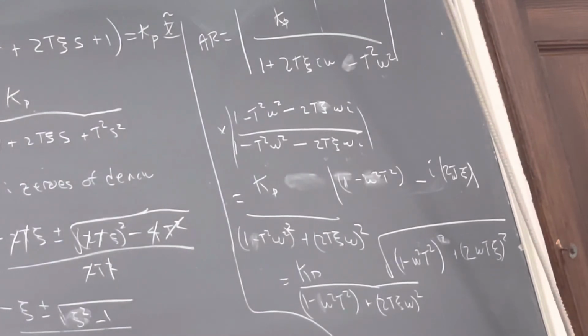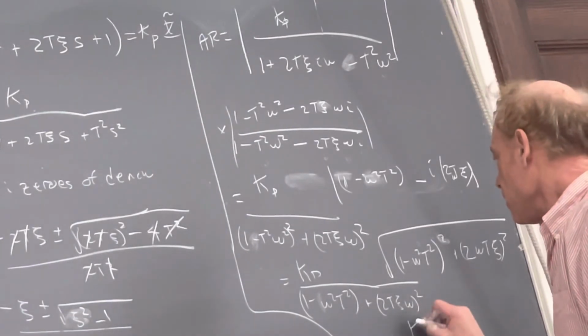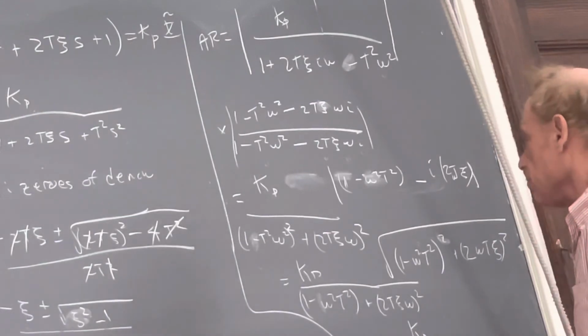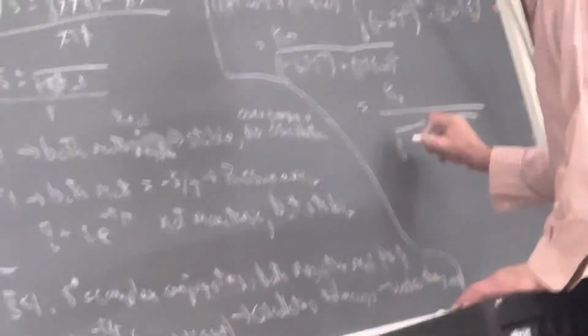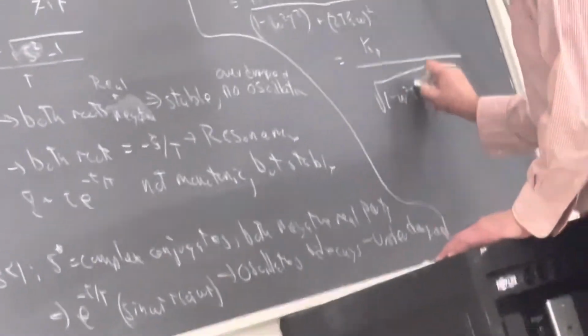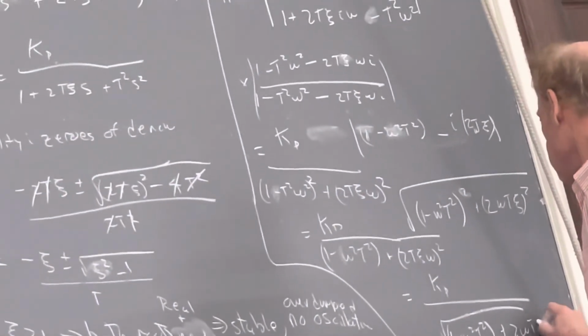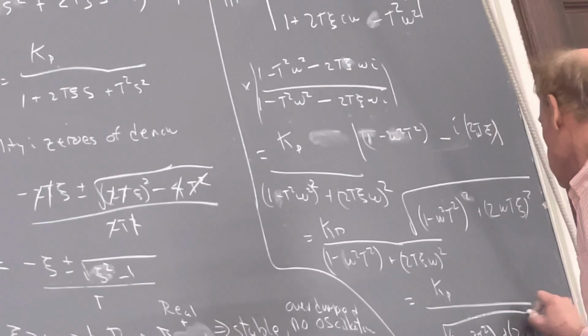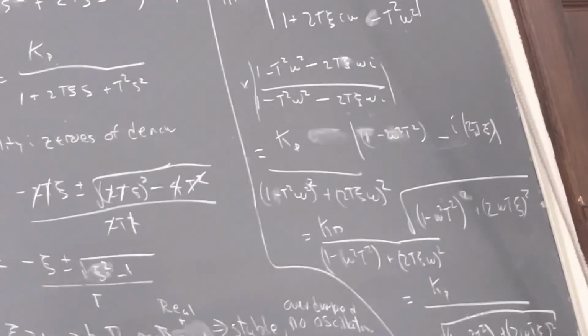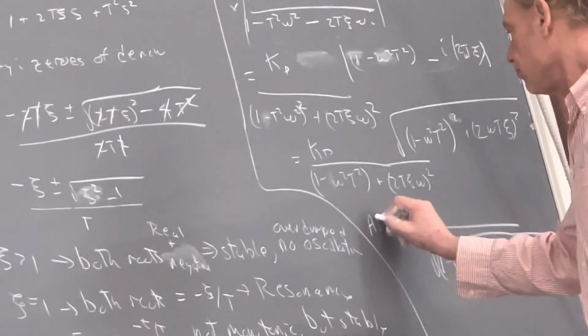Just make sure I do that right. The square root of that squared plus that squared, yeah. So this just gives me kp divided by the square root of 1 minus omega squared t squared, squared, plus 2 omega t c squared. So this is the amplitude ratio.